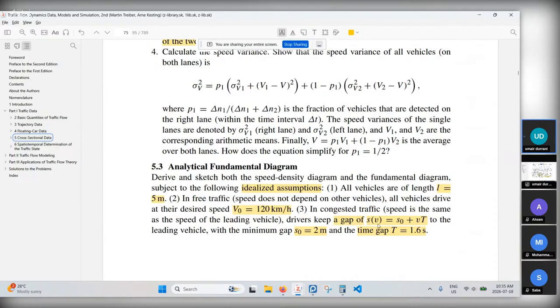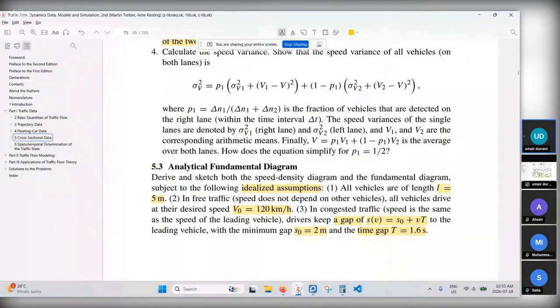Drivers keep a gap of s0 plus vT. s0 is the minimum gap, which is 2 meters, and capital T is the time gap, which is 1.6 seconds. Given these things, we need to derive the speed density diagram and fundamental diagram and also sketch them.